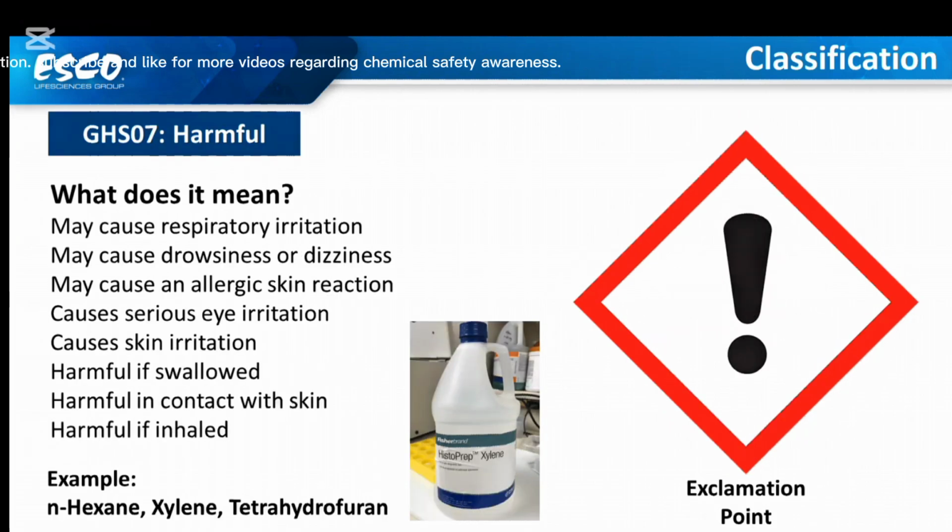Then we have the harmful family, which may cause respiratory irritation, may cause drowsiness or dizziness, may cause an allergic skin reaction, causes serious eye irritation, causes skin irritation, harmful if swallowed, harmful in contact with skin, and harmful if inhaled. And we have, as examples, hexane, xylene, and tetrahydrofuran.